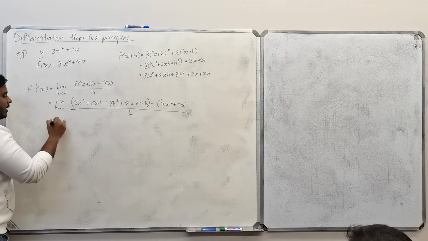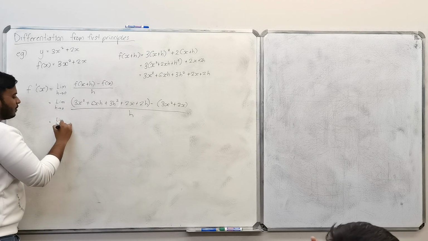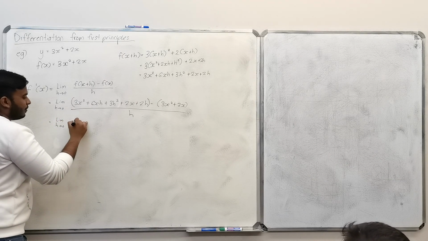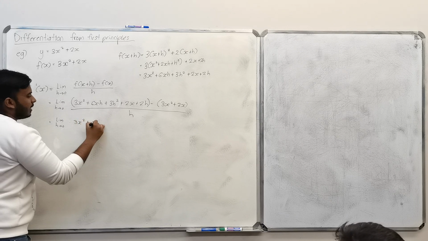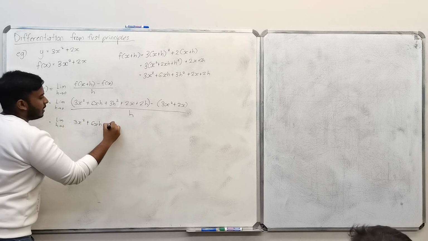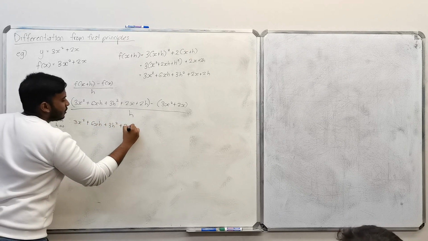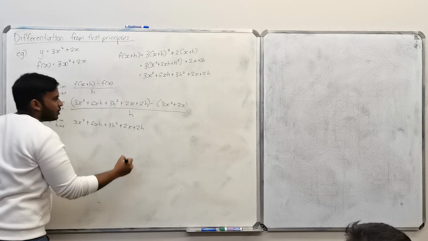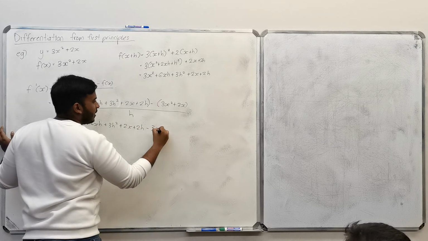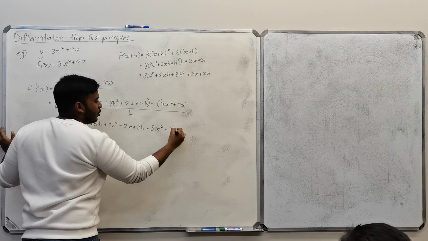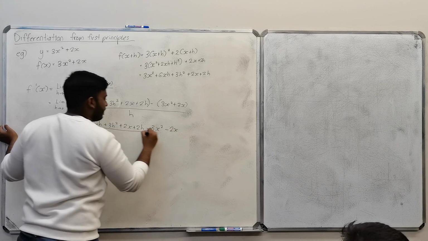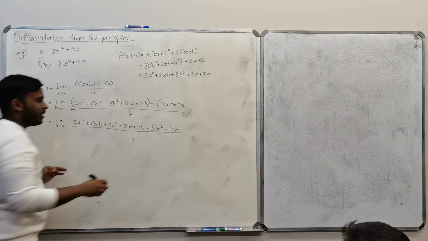So this would be the limit as h approaches 0 of 3x squared plus 6xh plus 3h squared plus 2x plus 2h minus 3x squared minus 2x, all over h.